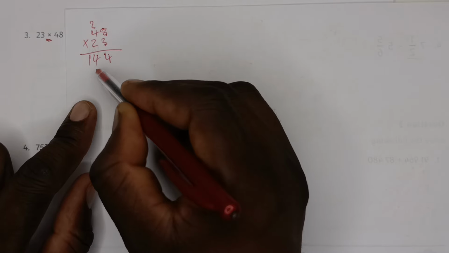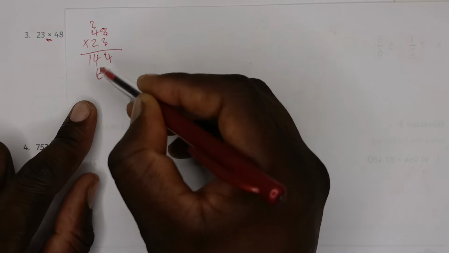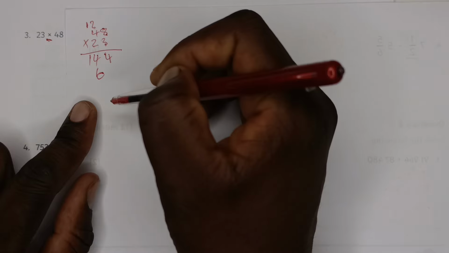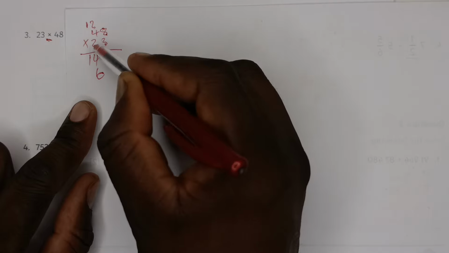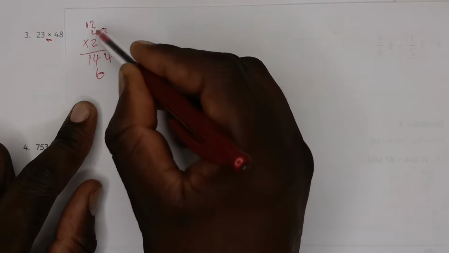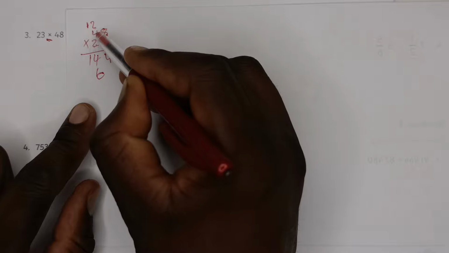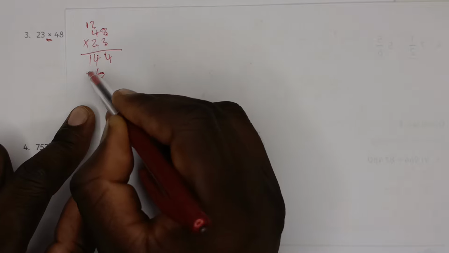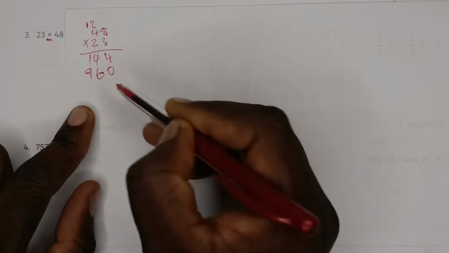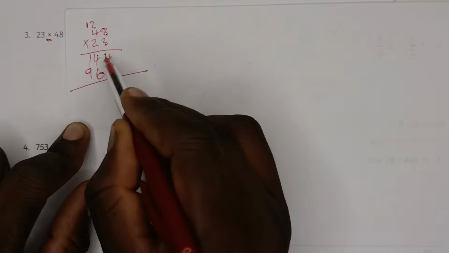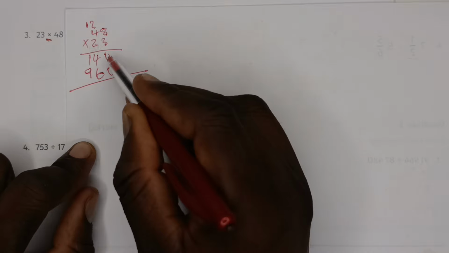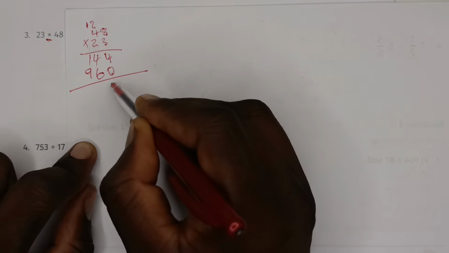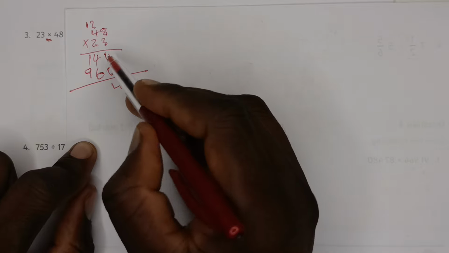Then we say 6, we carry 1. Now we say 2 multiplied by 4 is 8 plus 1 is 9. And then here it's 0. Now we add the two answers. 4 and a 0 is 4.